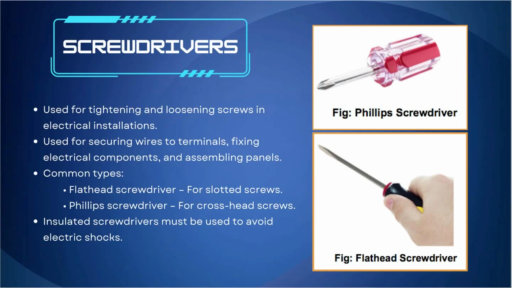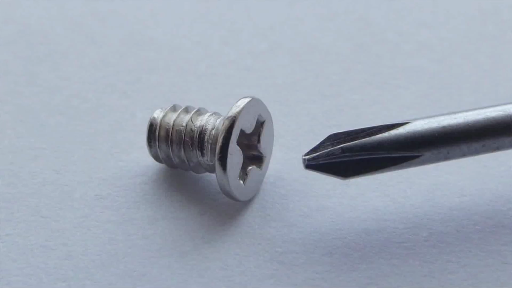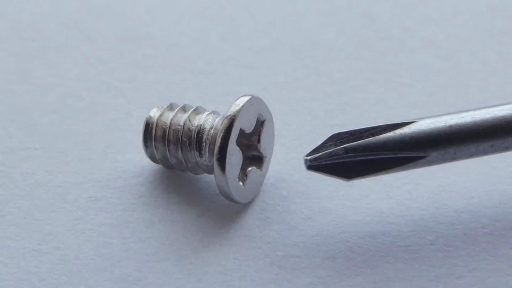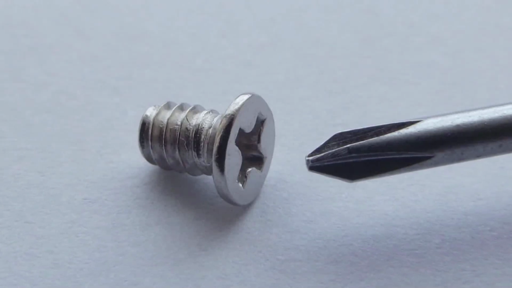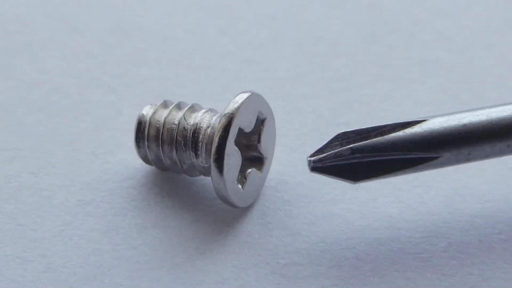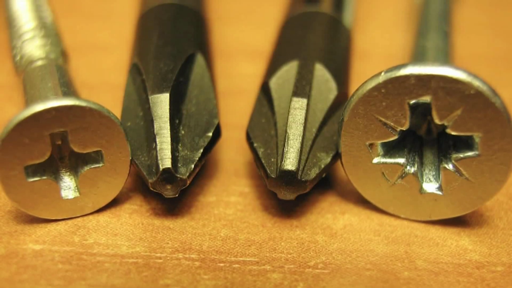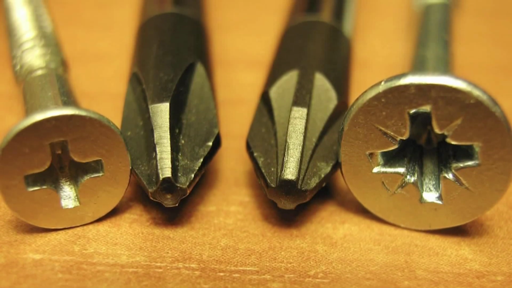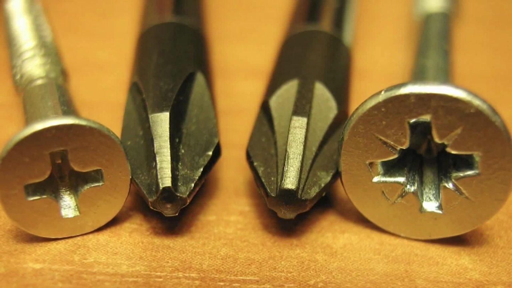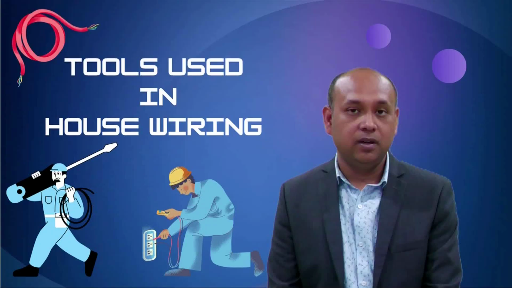Next one is the Phillips screwdriver. This type has a crosshead tip which provides a better grip compared to a flathead screwdriver. Phillips screws are commonly found in modern electrical appliances, outlets, and circuit breakers. The design allows for more torque application, reducing the risk of slippage.